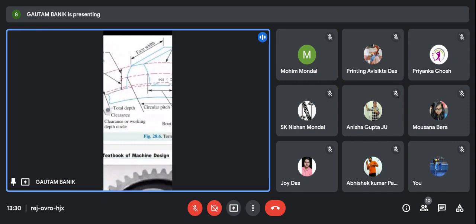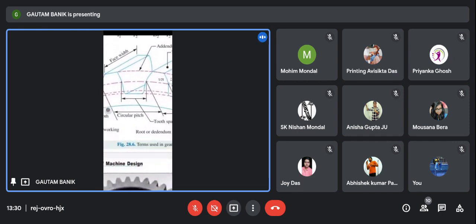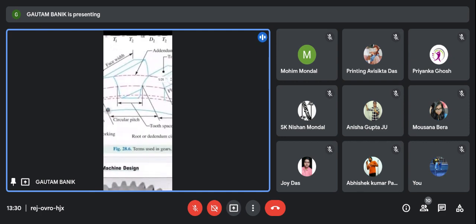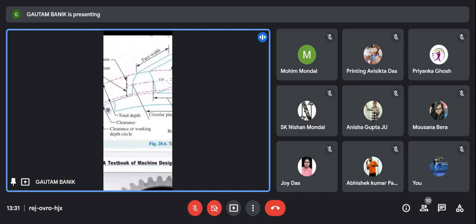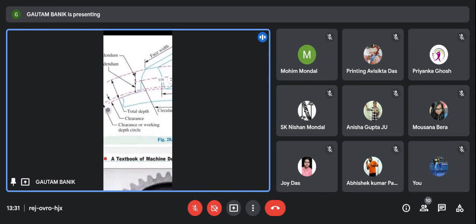The opposite side gear, that is the pinion or the driver teeth, enters the gear space up to the clearance circle. That is the space for the clearance. And the working depth is also called the working depth.